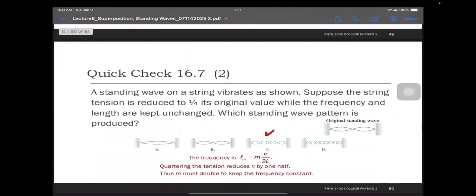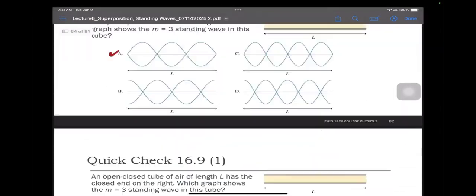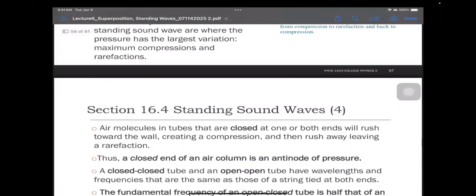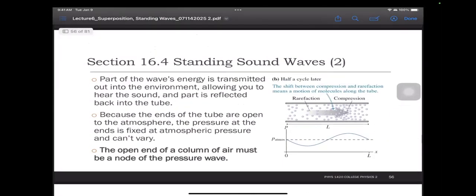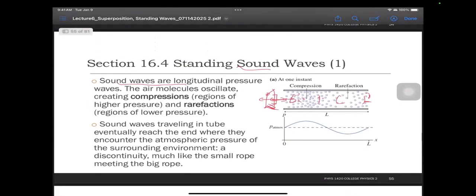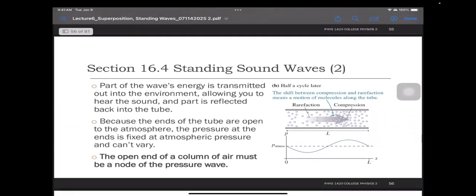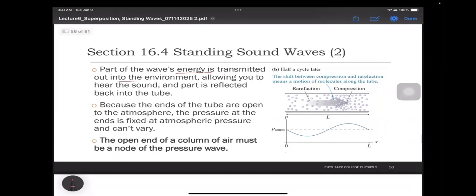Okay, let's continue with standing sound waves. Like the small loop meeting the big loop, part of the wave's energy is transmitted out into the environment from this end, allowing you to hear the sound, and part is reflected back into the tube.